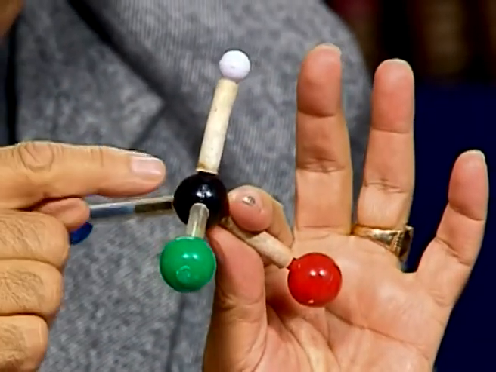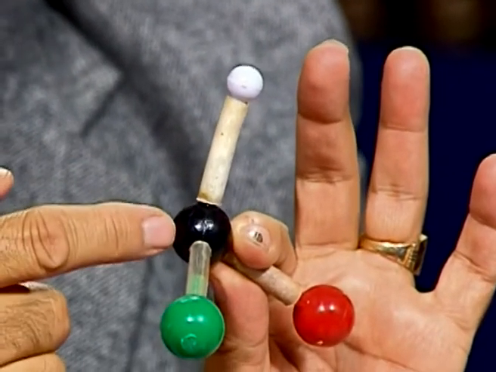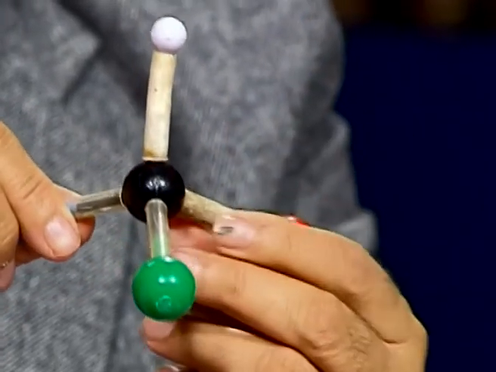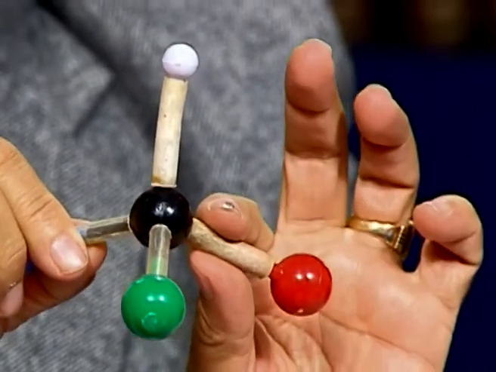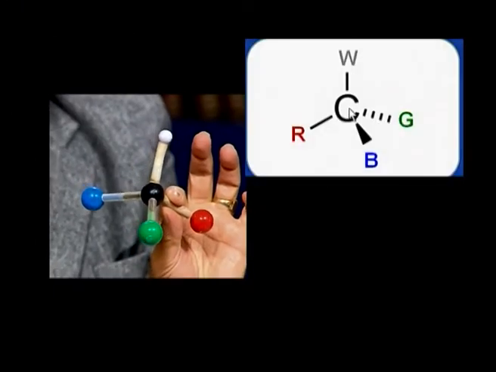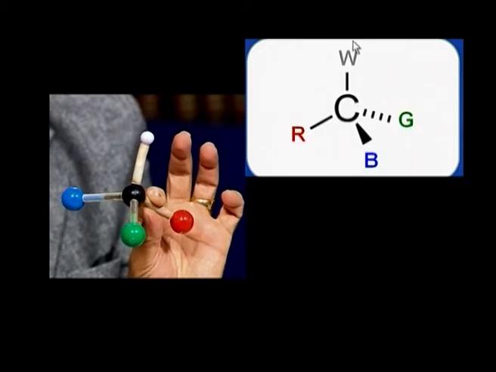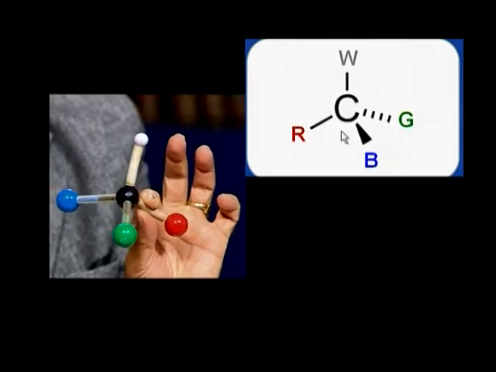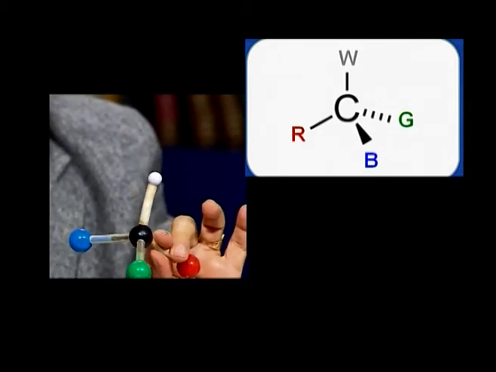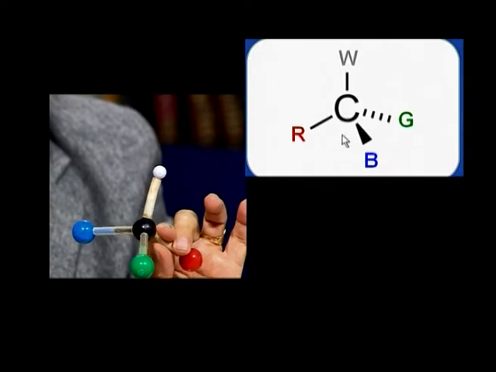Then one group is going inside the plane of the paper and one is coming out towards the viewer. I have this model in my hand, and let us compare it as it is shown there on the screen. We find that this is carbon. It is attached to a white group and a red group, which are in the plane. These are drawn with thin lines.